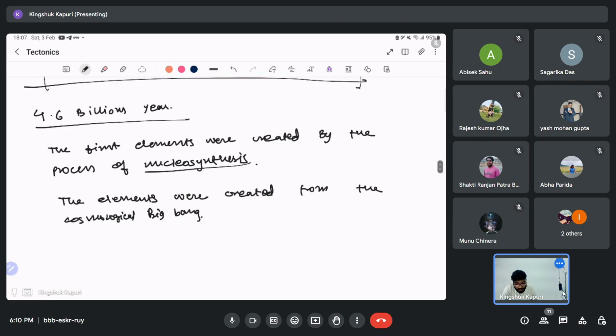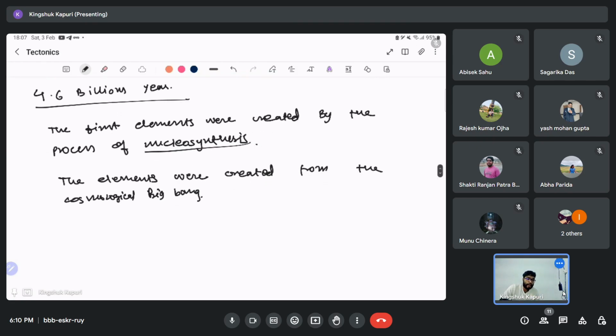After this Big Bang, when the elements were created, what do we know? If any elements are created at first, what will the elements try to do? They will react with other elements to form certain compounds. Am I right or wrong?